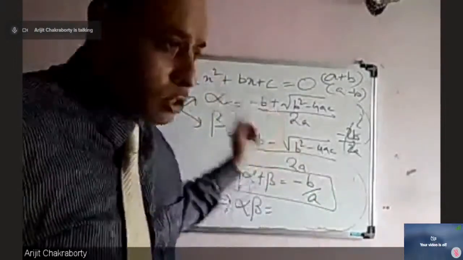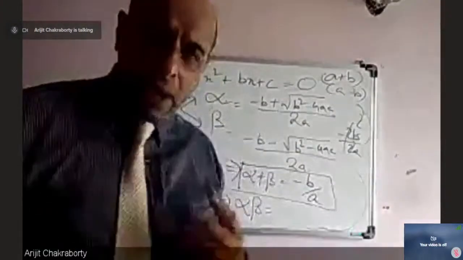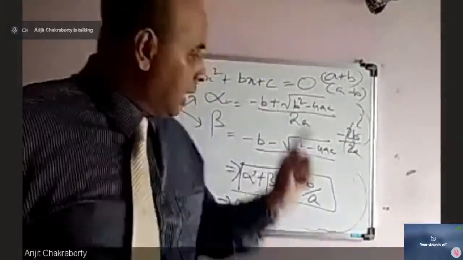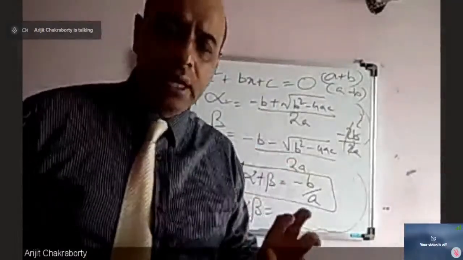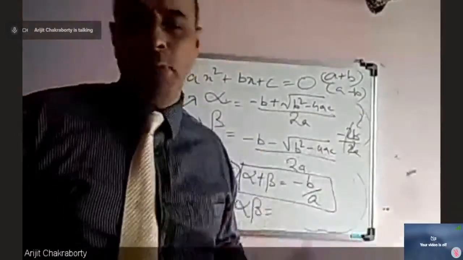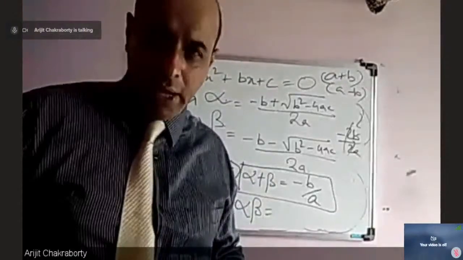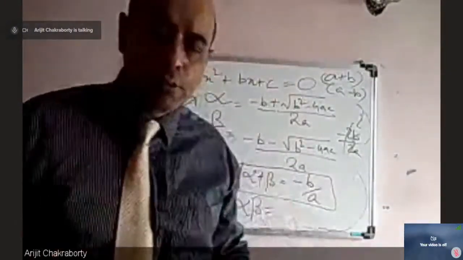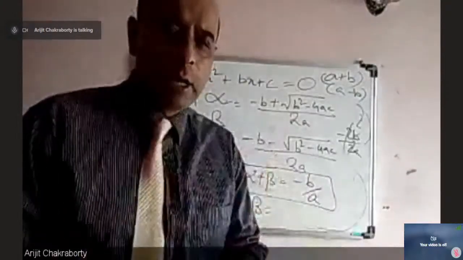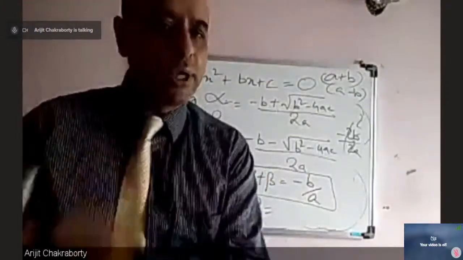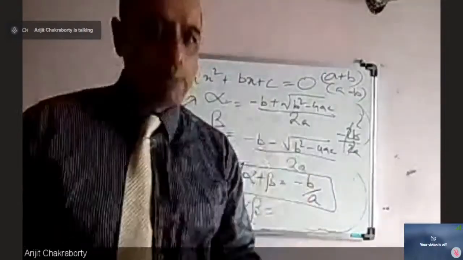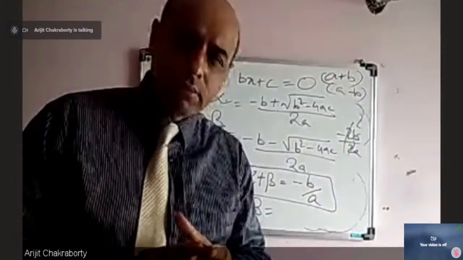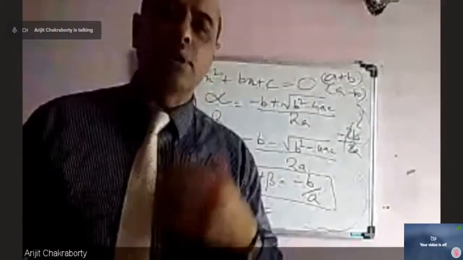Similarly, a lot of problems we will do after this, where in the problem alpha and beta values are given, but you have to find out alpha cube plus beta cube, right? So you also need to remember the formula for a plus b whole cube: a cube plus b cube plus 3a square b plus 3ab square, right? You need to remember this. These are simple revision, and I request you to remember this for your own benefit, for your score.